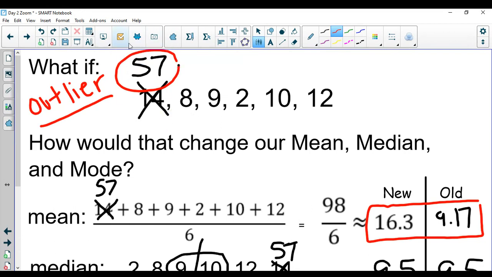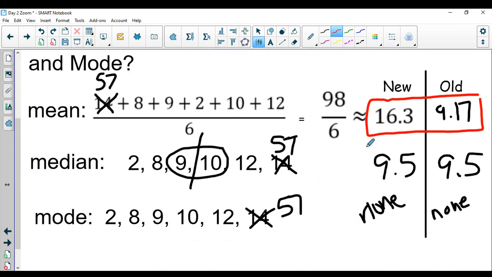When you're looking at a set of data, if you have one number that doesn't really fit the category of all the others, then typically that's called an outlier. And so you can see what an outlier does to the mean. An outlier always changes the mean. And this is called a skew.